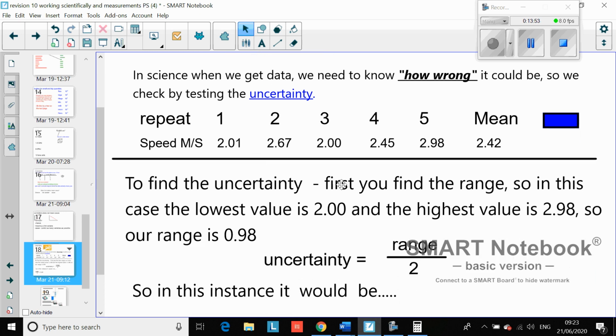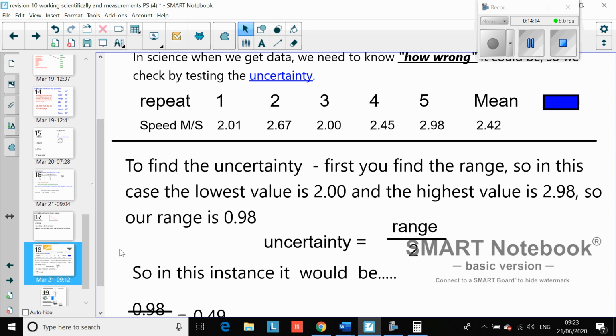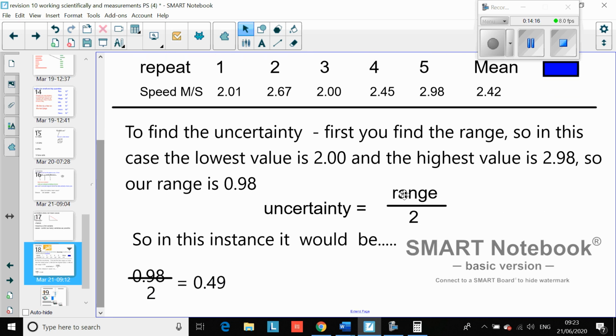Okay, so to find the uncertainty, first you find the range. In this case, the lowest value is 2 and the highest value is 2.98. So our range is 0.98 because that's the difference between 2 and 2.98. The way you find the uncertainty is like this: the range divided by 2.